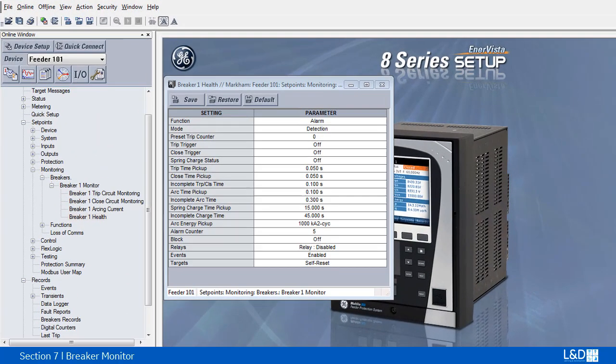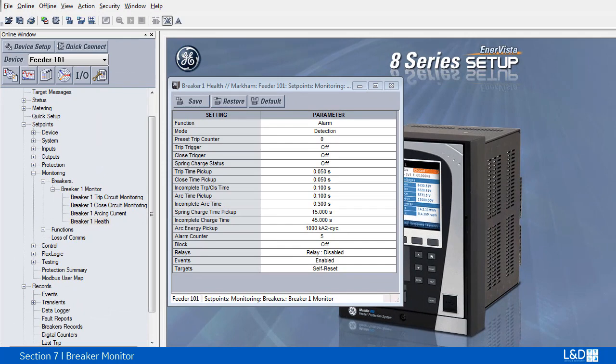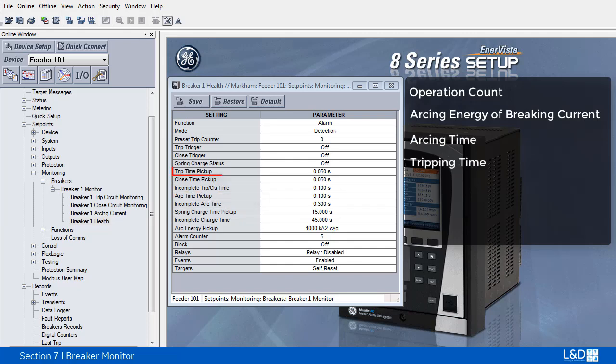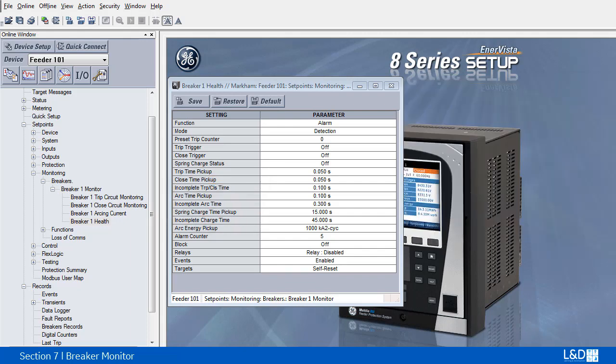The 8 series relay provides breaker health information by monitoring and analyzing these parameters: operation count, arcing energy of breaking current, arcing time, tripping time, closing time, spring charging time, and incomplete charge time.